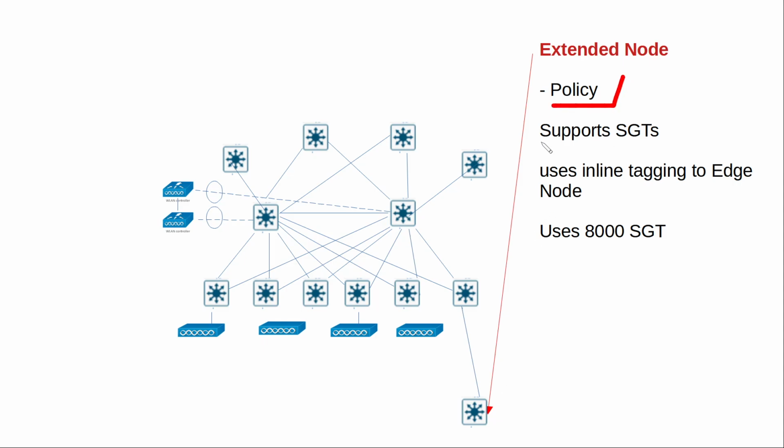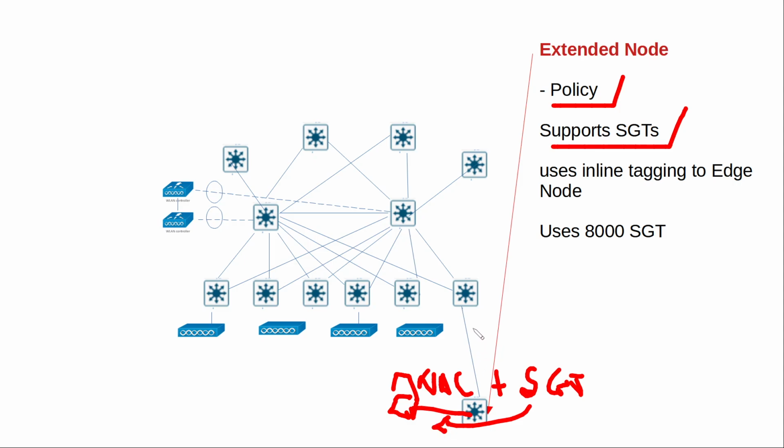These nodes support scalable group tags, and that means when a device gets connected to the network, the node will authenticate it using network access control, but will also assign a scalable group tag.